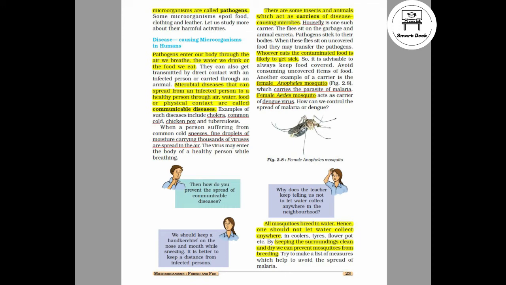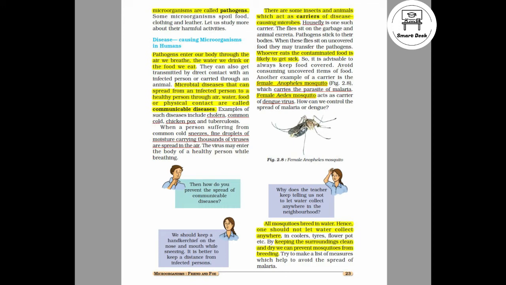As you have seen in COVID-19, it is strictly mandated that you maintain social distancing, wear masks, and sanitize your hands because it is a communicable disease. So please stay very careful. Another type is non-communicable diseases, which do not spread through direct contact, air, water, or food.